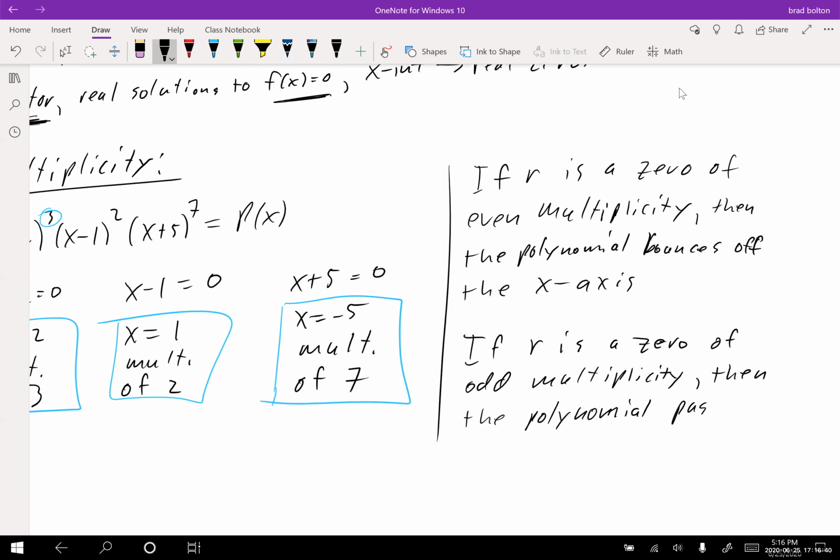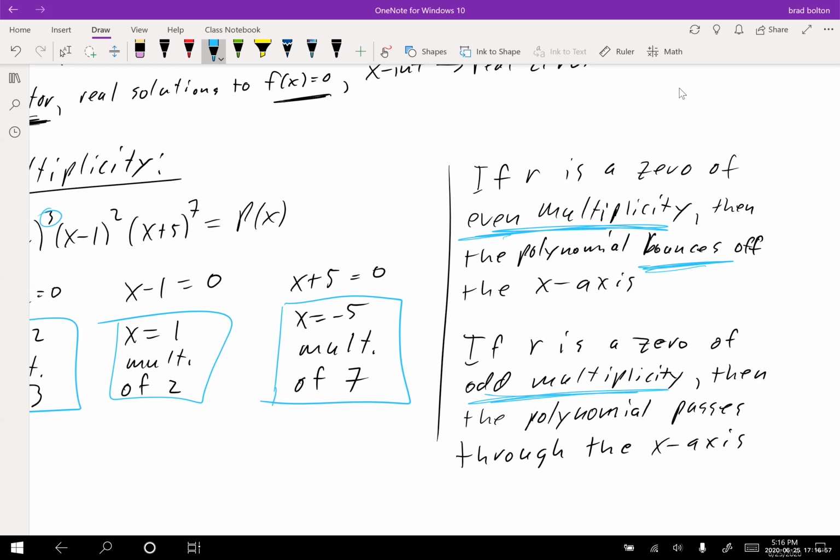The polynomial passes through the x-axis, okay?